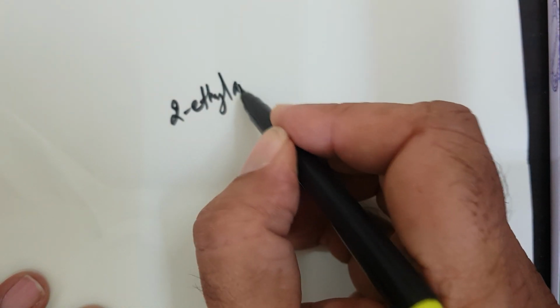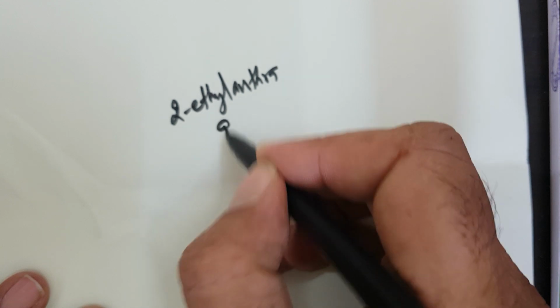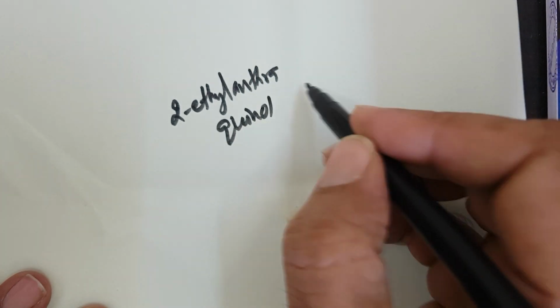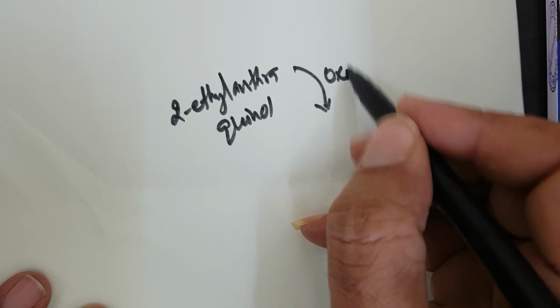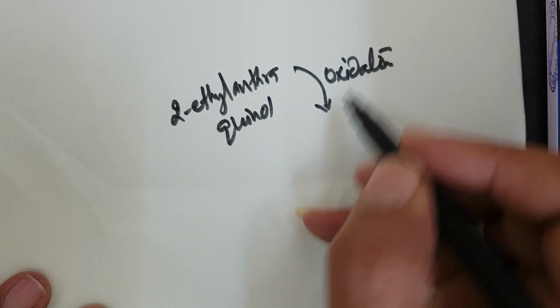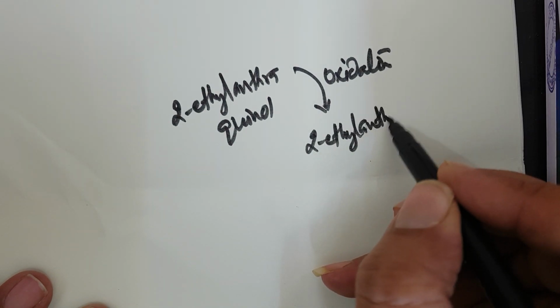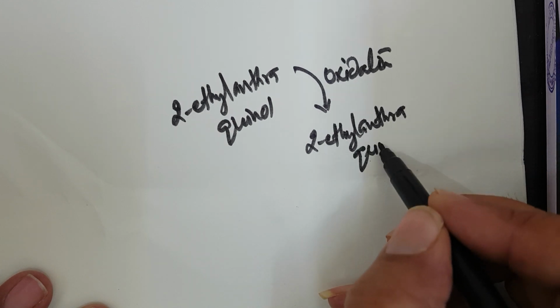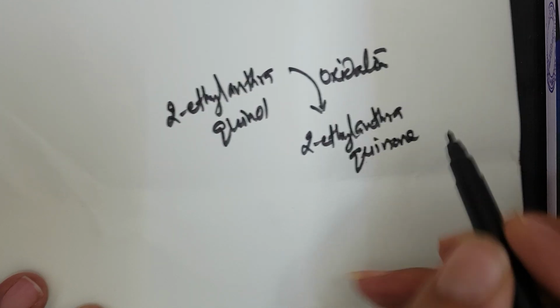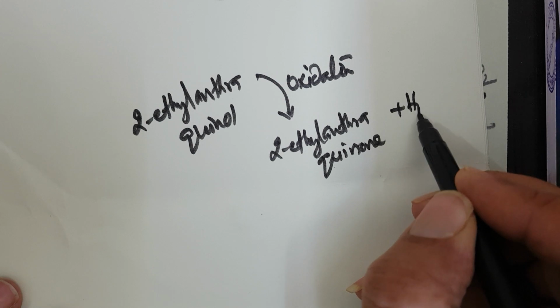2-ethyl anthraquinol undergoes oxidation and gives 2-ethyl anthraquinone and hydrogen peroxide.